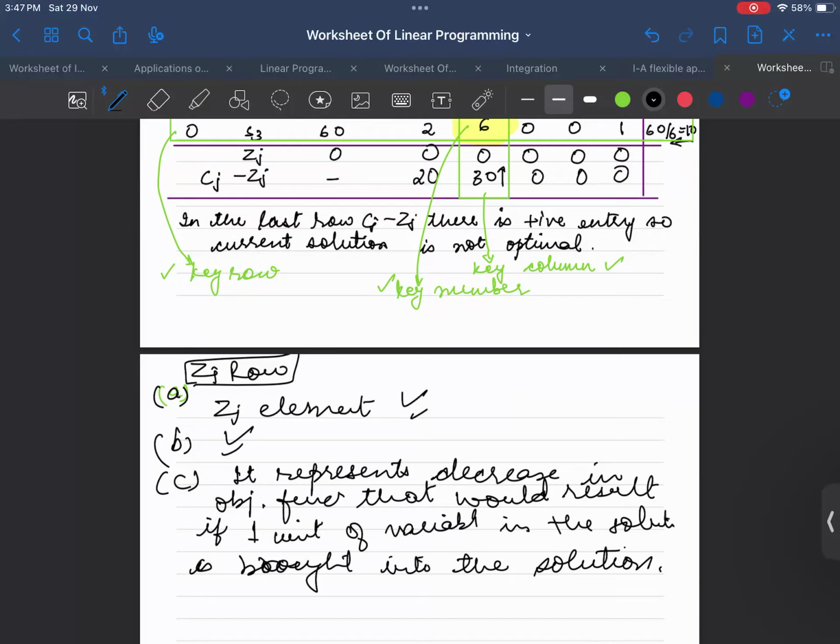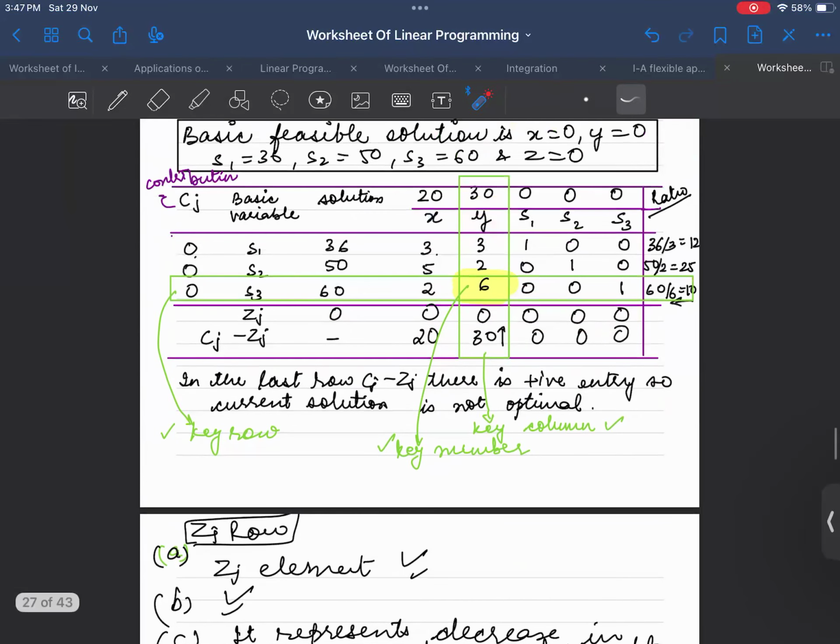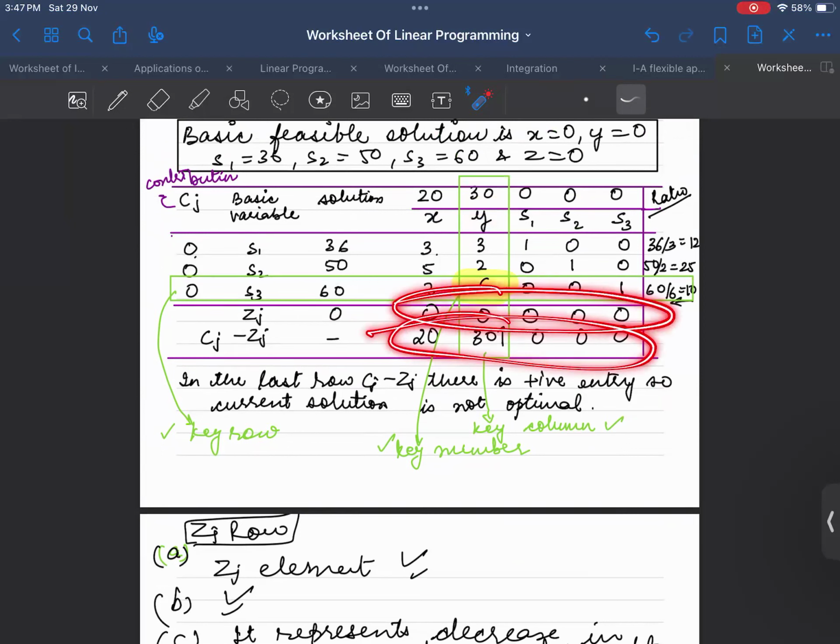What would be the decrease in the objective function if one unit of that variable is brought into the solution? If we bring in one unit, how much does it decrease? That is the thing given by the Zj. I think all three points are clear.